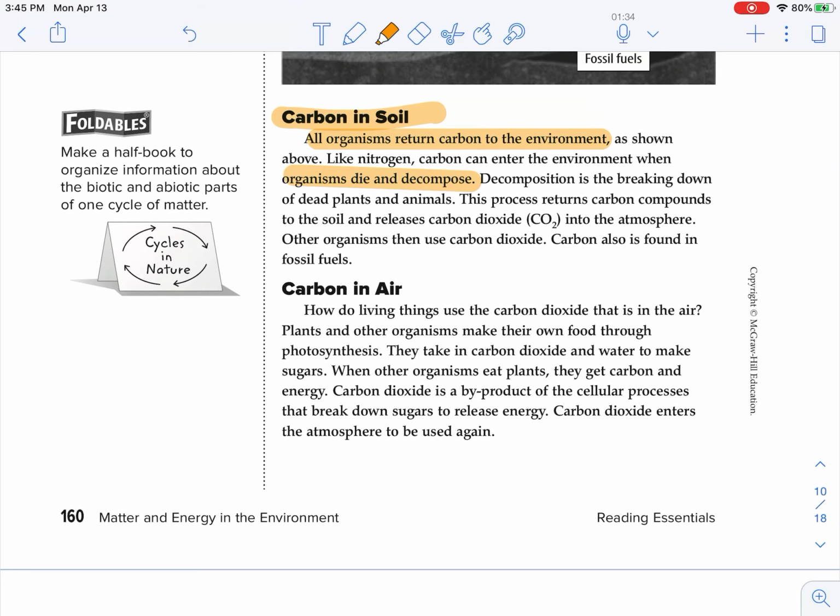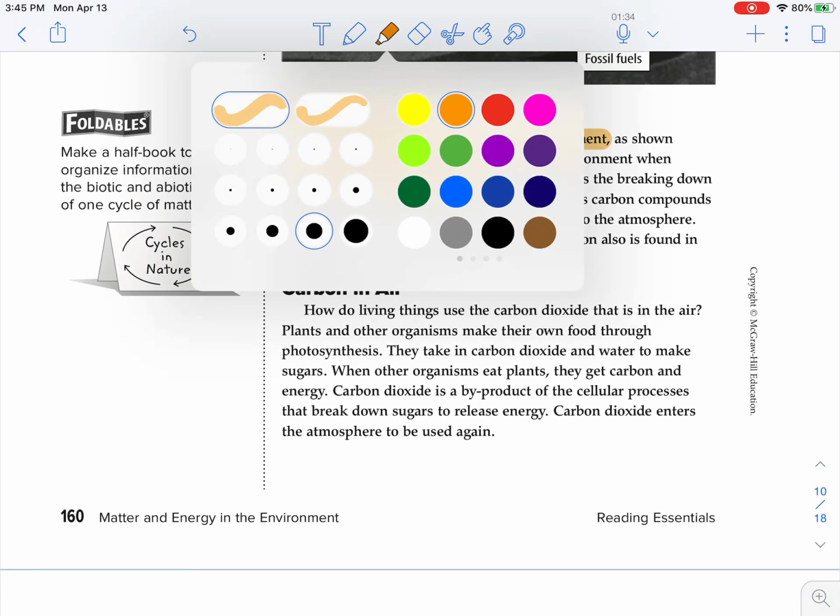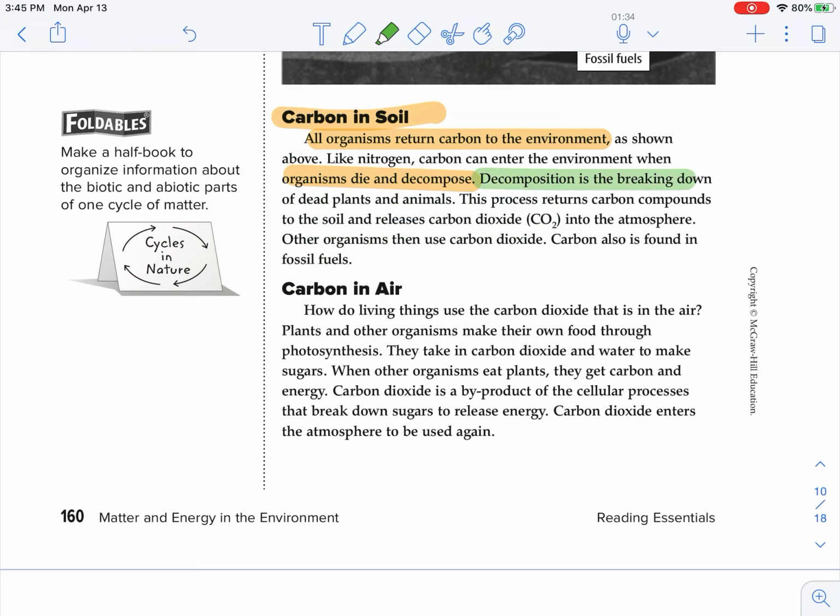Decomposition is the breaking down of dead plants and animals. This process returns carbon compounds to the soil and releases carbon dioxide into the atmosphere. Other organisms then use carbon dioxide, like the plants. Carbon is also found in fossil fuels, oil, natural gas.